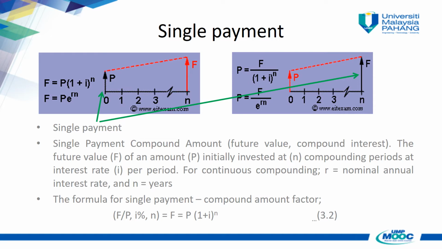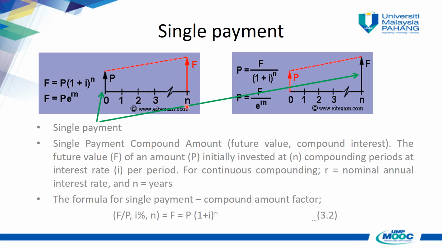Let's see the first, single payment, where we conduct the calculation based on compound interest, not simple interest. Single payment means we only pay one time only, and then we want to know what happened to our money, the future value, after a few years, say 10 years.